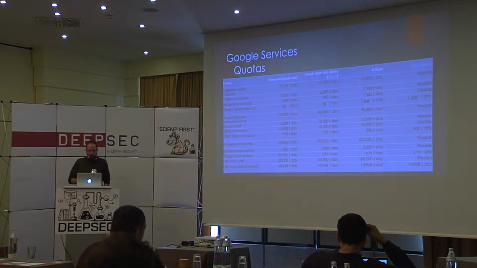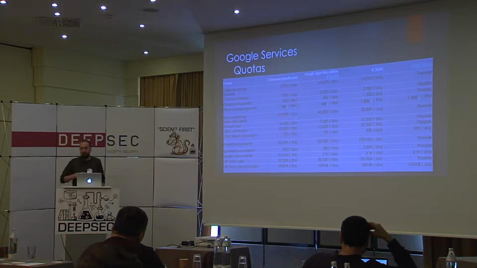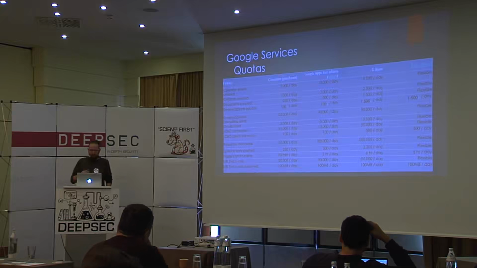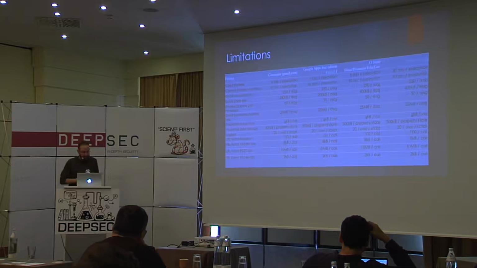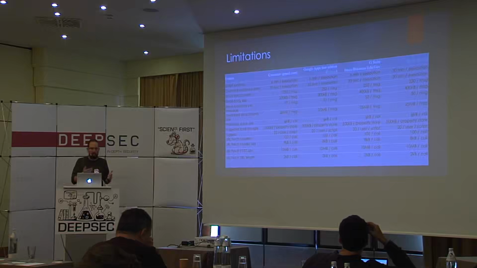You can do 20K requests a day for a Gmail user, which is quite a lot, I think. If you want to create a simple C&C server, it's quite a lot. I think that's more than enough, right? The only thing here is we have some limitations. Script runtime is actually a 6 minute execution limit. This is all accessible in the documentation of Google Apps Script, by the way. You can access it publicly.